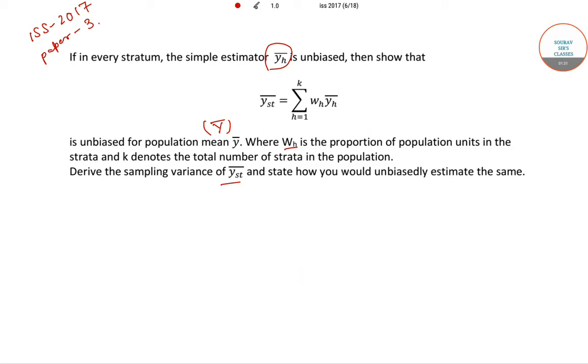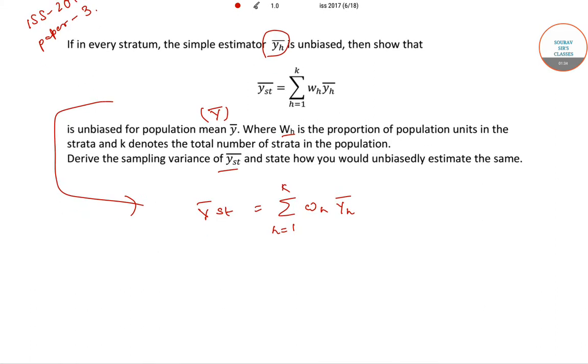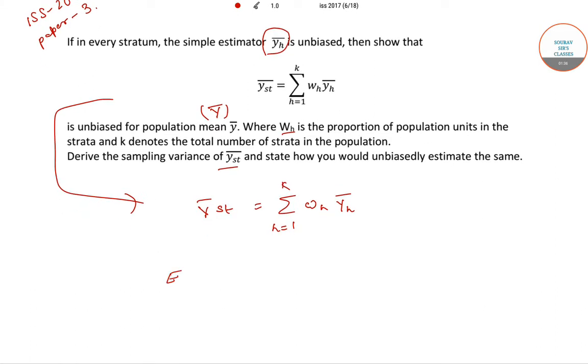From the question, we have ȳst equal to the summation h goes from 1 to k of Wh ȳh.